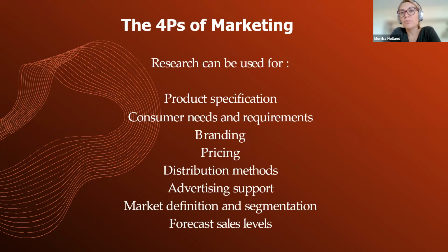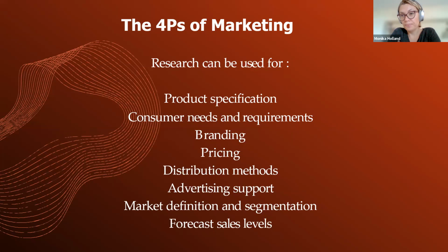So the 4 P's of marketing and what it can be used for in more detail is product specification. So what kind of product is needed in the market? Consumer needs and requirements. So we can do a research on any of these points. About branding, we can do research about how our branding is positioned in the market.